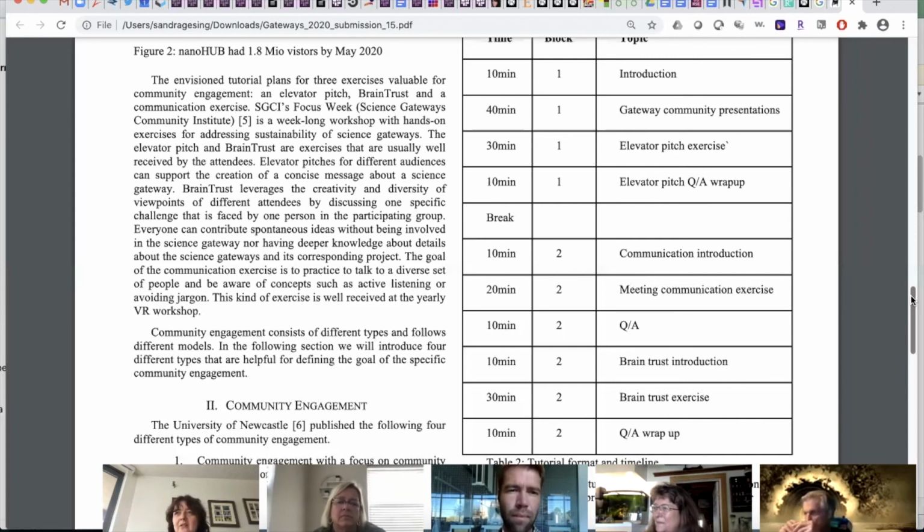It's very open. Everyone can bring in suggestions for topics, and the format is that we do brain trust exercises. People can come with a challenge or a problem they have and say, can we discuss that today?